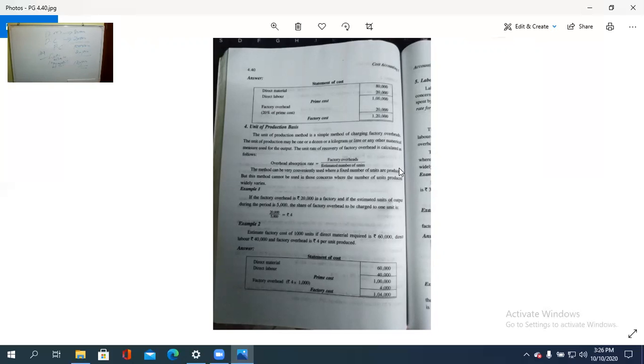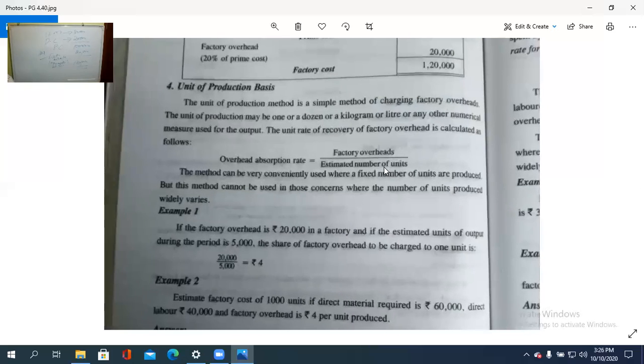Second case, estimated factory overhead divided by estimated direct labor cost for the period into 100, percentage on direct labor cost or direct wages. Third case, percentage on prime cost: estimated factory overheads divided by estimated prime cost for the period into 100.